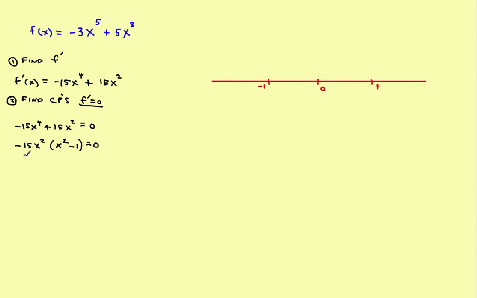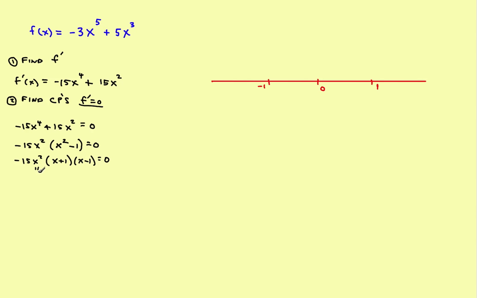Now, this one will actually factor one more time. I'll factor it into this: negative 15x squared, and this will factor into an x plus 1 times an x minus 1 is equal to 0.